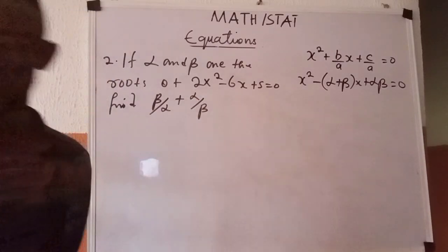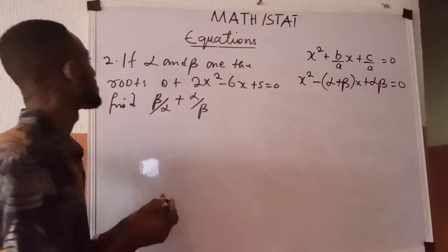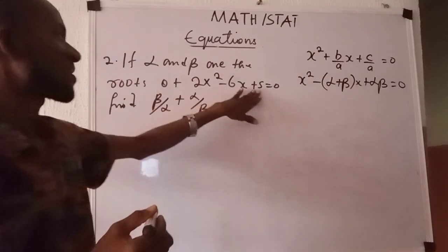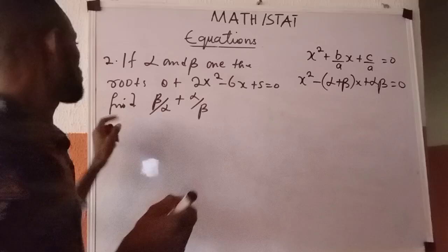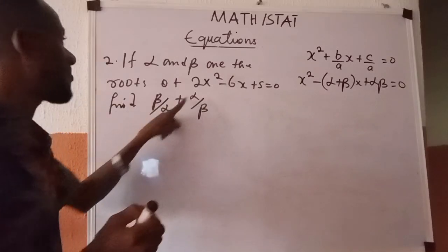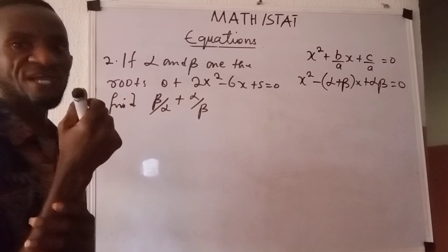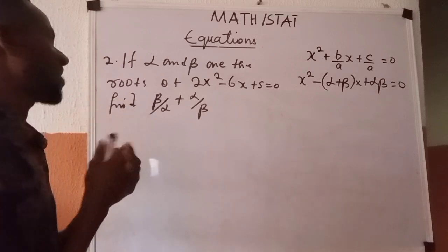That's the problem that we are to solve. So if alpha and beta are the roots of this particular equation, we should find alpha over beta plus beta all over alpha. So that's exactly what we are going to do here.